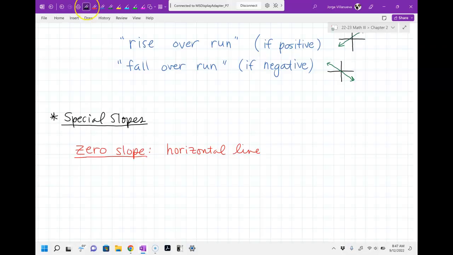I'm going to draw a real quick, tiny picture here. Any line that's horizontal, if they ask what's the slope of this, and it's just straight across, that's a 0 slope. Slope equals 0. M equals 0. And then there's the undefined slope.